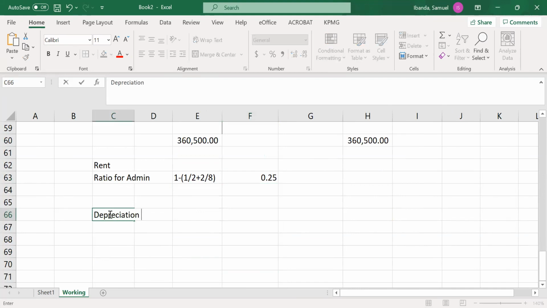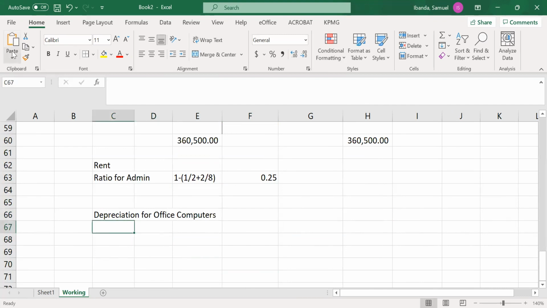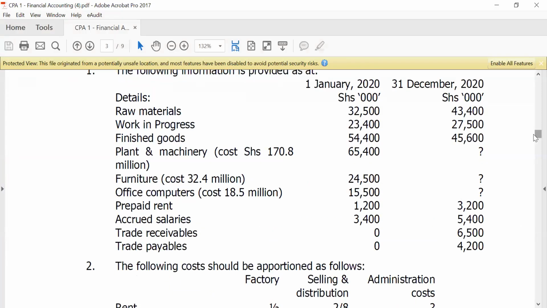Depreciation for office computers. So I have my office computers. Now, office computers, you get to realize something, that they had a balance. This is what they gave us.